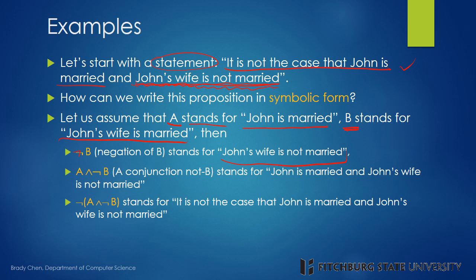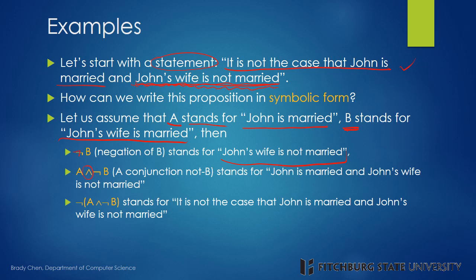Now we can combine A and negation of B to build a bigger proposition. So we can use A, conjunction, negation of B. This conjunction basically means and.